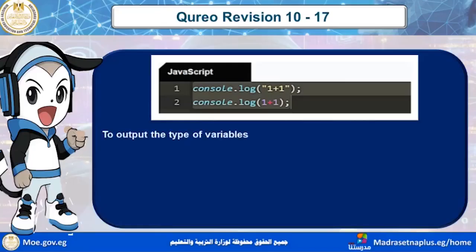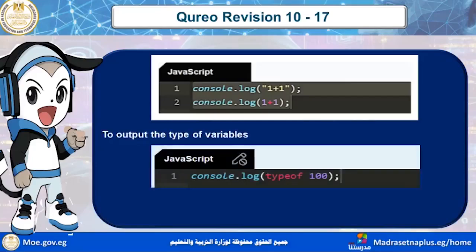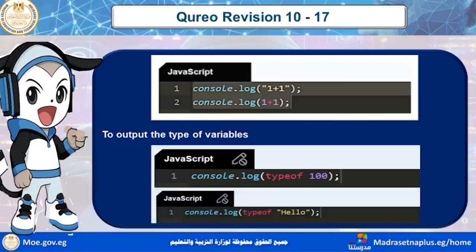To output the type of the variables, console.log typeof 100. We want here to output the type of each variable. To output the type of the variables, we have to write console.log typeof 100.